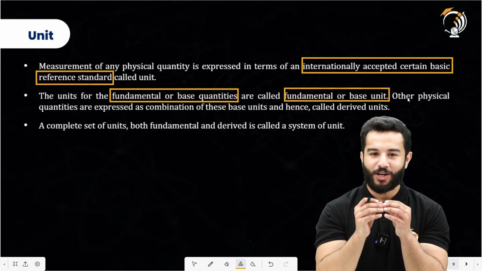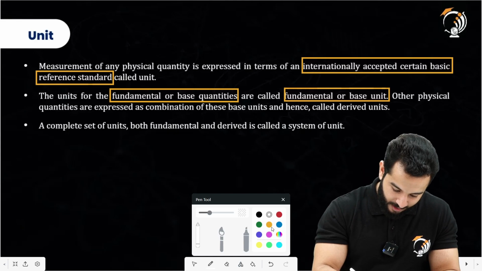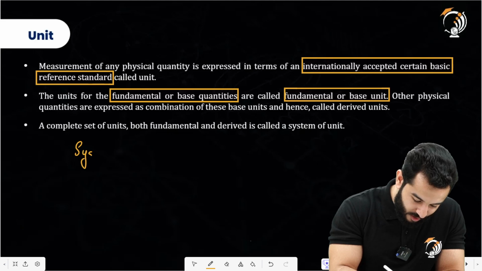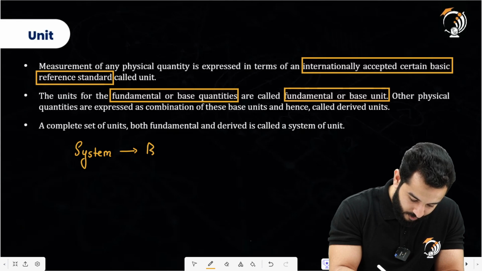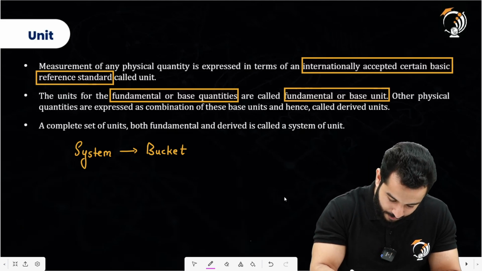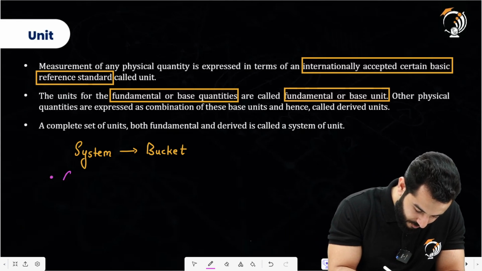Now when we talk about units, we have created some systems. You can assume these systems are like a bucket. What are these different systems? One example is the CGS system.